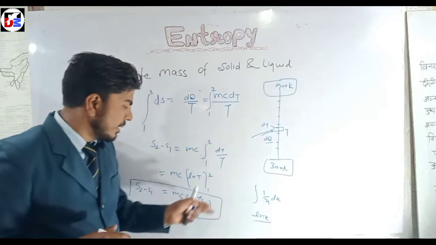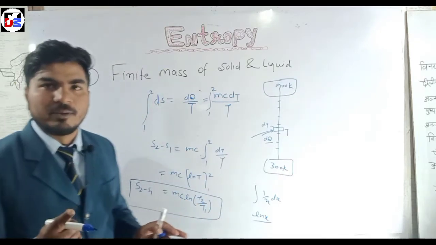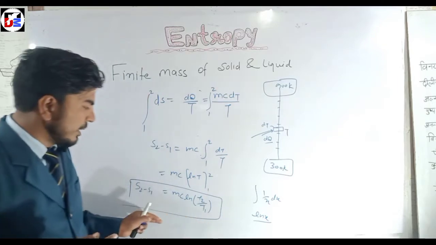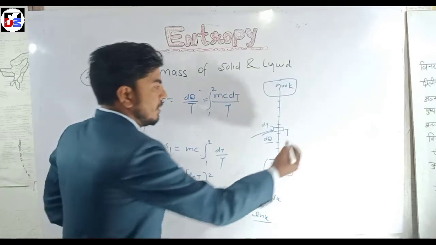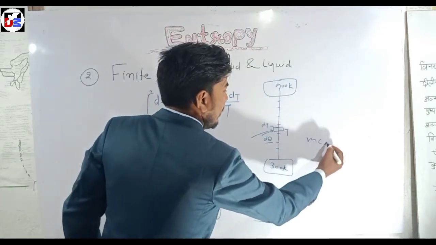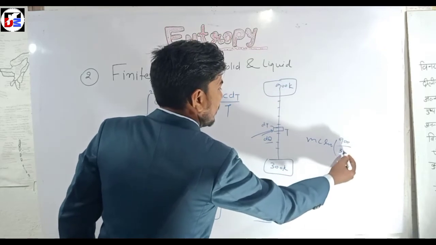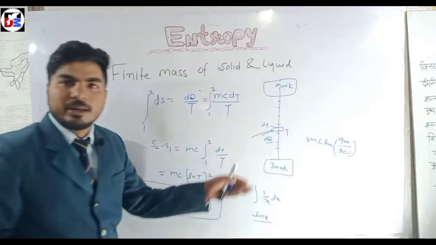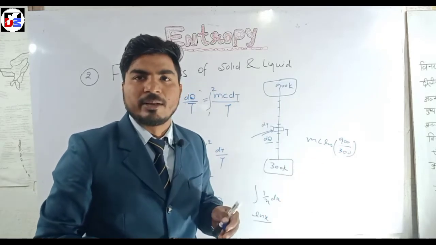But in solid and liquid, the heat capacity has only one value. So we can apply this formula, and in the example you can solve, mc ln of T2 900 upon 300. You calculate this value, then you get the entropy change in this process.